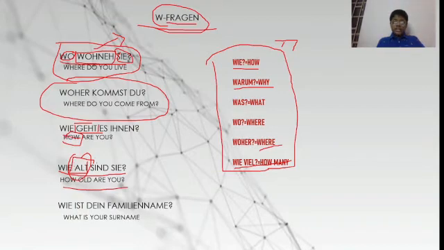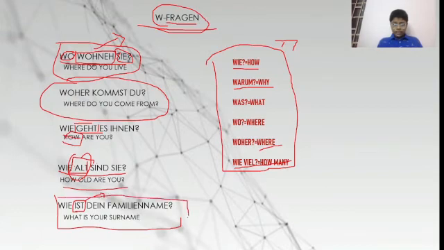Then is what is your surname, that is wie ist dein Familienname, which means what is your surname. Here you see that the verb is in the second position.